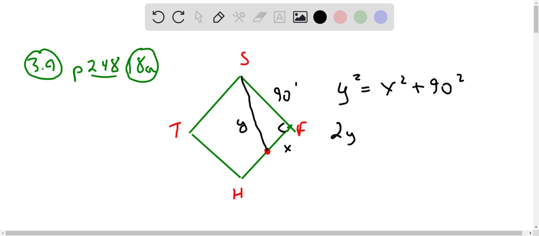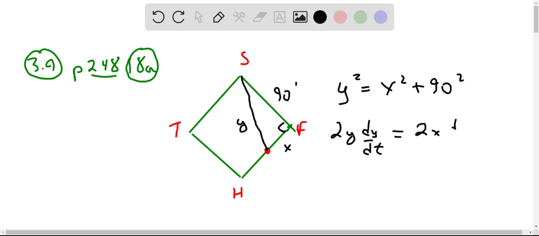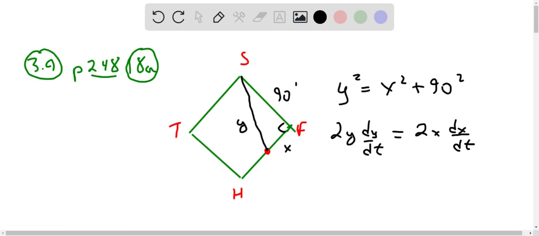You get 2Y, Y prime, equals 2X, X prime, and so to get dy dt, we need to know Y. We can figure out Y. At this moment, X is 45, he's halfway between home and first base.